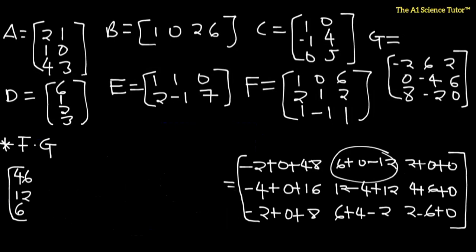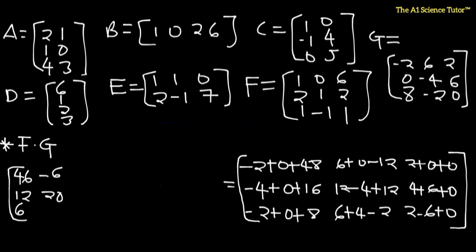And we have the second column where we have a 6 minus 12. So that should give us a negative 6. And here we have 12 minus 4, which is 8. Now 8 plus 12 would give us 20. So that is going to be a 20. Then we have 6 plus 4 minus 8.